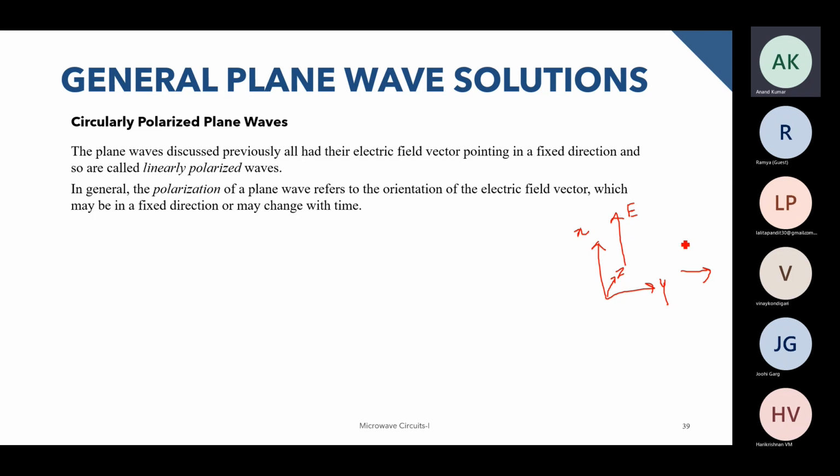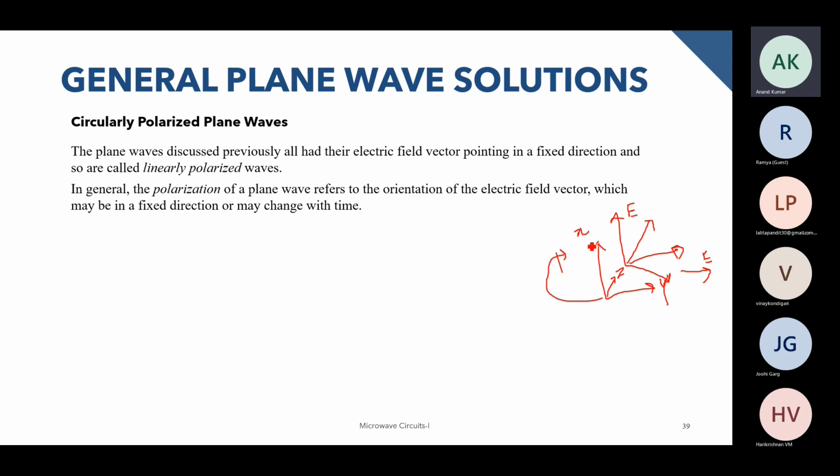Or we might have cases where the electric field vector is sometimes pointing in the x direction, sometimes somewhere in between the x and y direction, sometimes towards the y direction, and might even end up changing all the way through and going in somewhat this fashion.